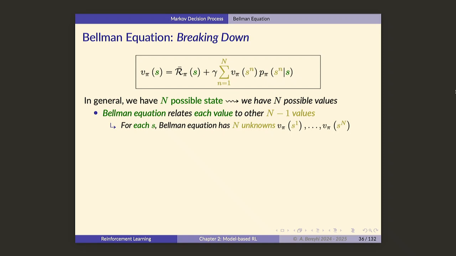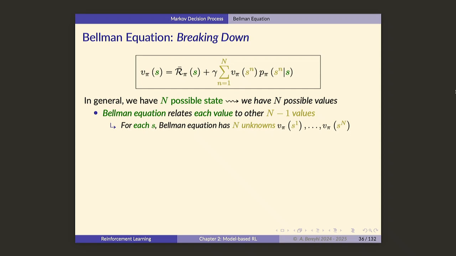What about this guy? Can you compute the probability of staying in state S1, given that you are in state S1? Yes, because you know the MDP. This is gone. Do you know V pi of S2? No. What about the probability that you go to state S2, given that you're in state S1 and playing with policy pi?